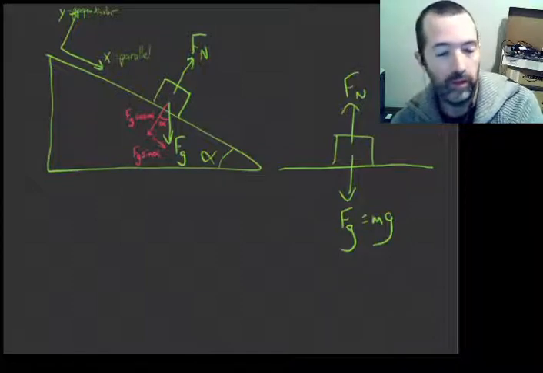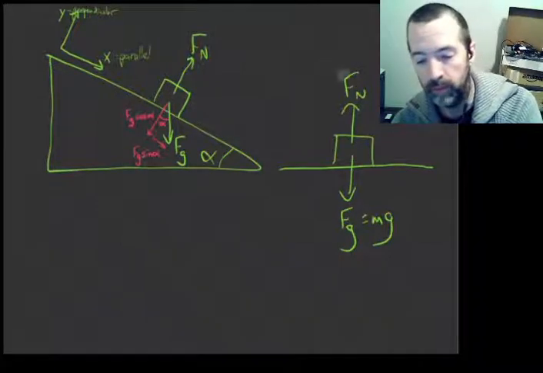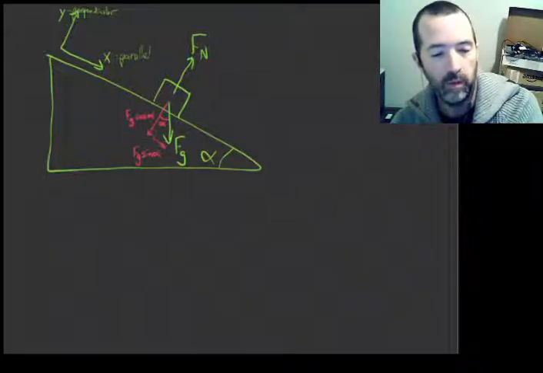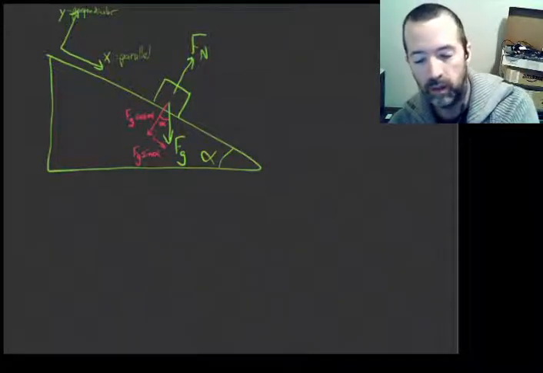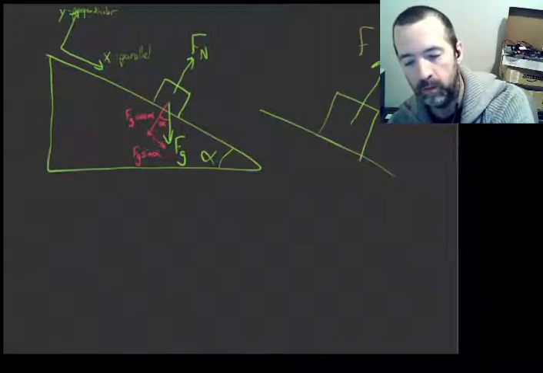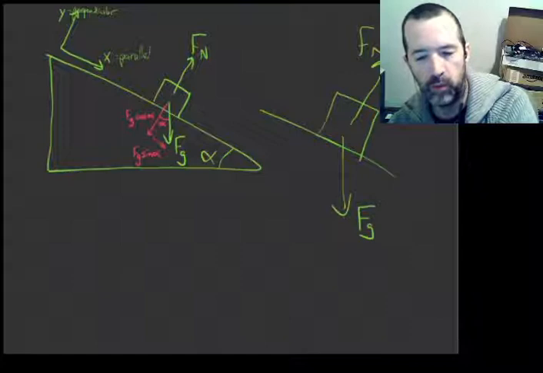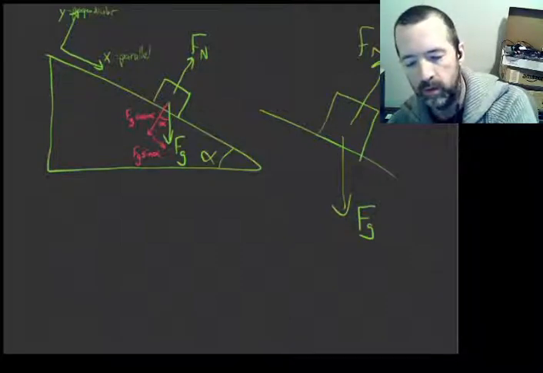There's one other warning I want to give you. I'm going to get rid of this other diagram. Here's another version of a very frequent error that I see when students make the components: they draw the triangle this way.